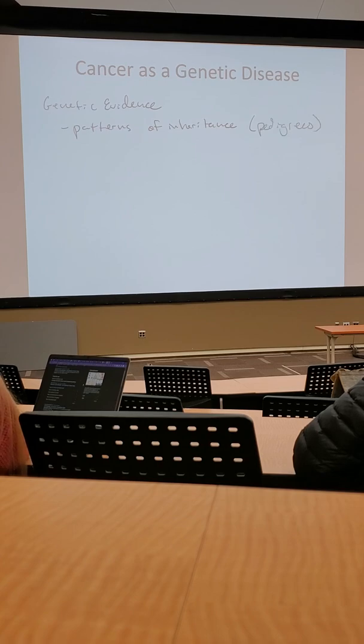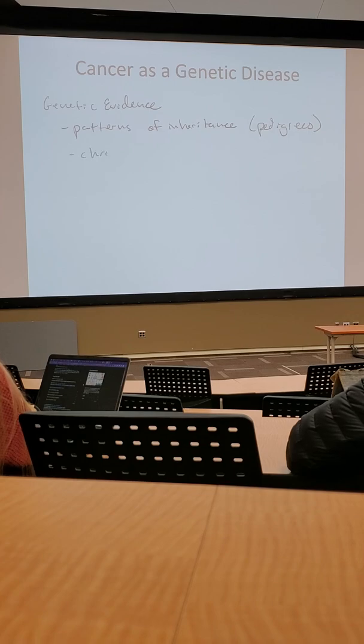You can look at the chromosomes of individuals. You can isolate cancer. You can do a chromosomal swap. We've seen the effects of mutations at the chromosomal level, duplications, inversions, deletions. So people have done that before. You can see chromosomal abnormalities.